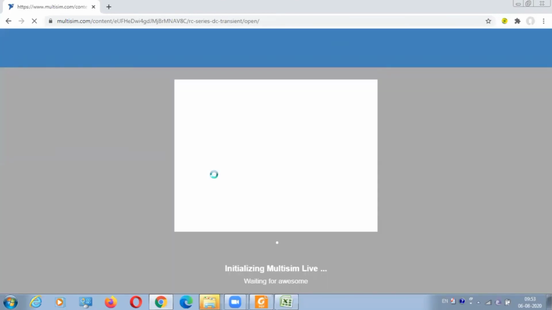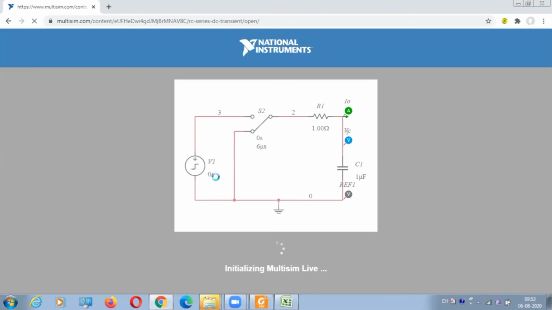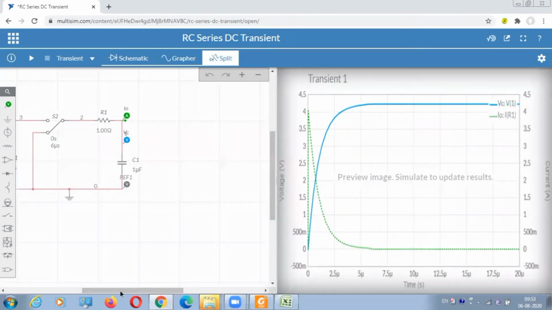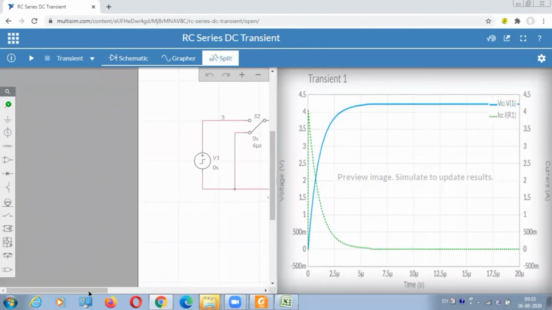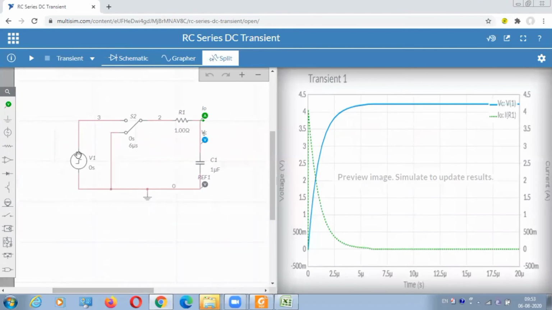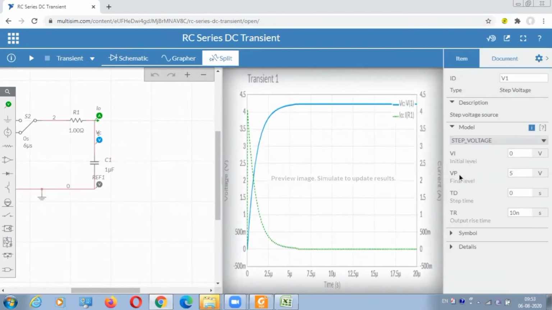So it's just the opposite over here as compared to your RL circuit. So voltage will be a positive envelope, current will be a negative envelope, and voltage source, if you can observe that, I have taken a step voltage source. Okay, you can take a DC voltage source also, but for step voltage you can give your VP, V initial, step time.